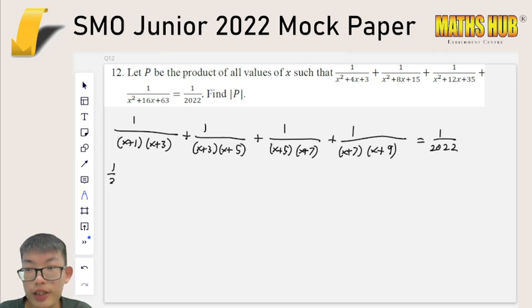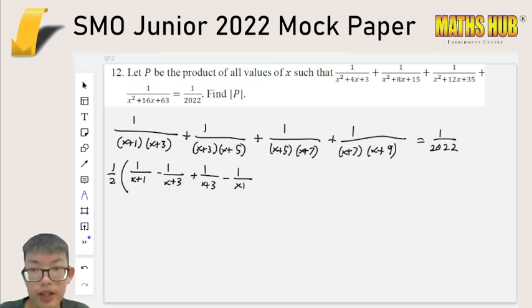So the first fraction becomes 1/2 of 1 over x plus 1 minus 1 over x plus 3. The next fraction becomes half of 1 over x plus 3 minus 1 over x plus 5, and likewise for the other 2.